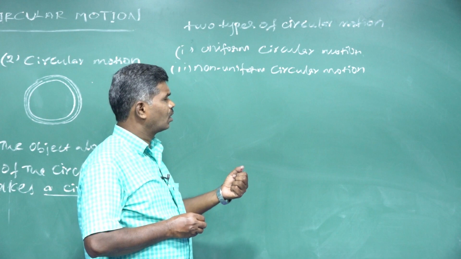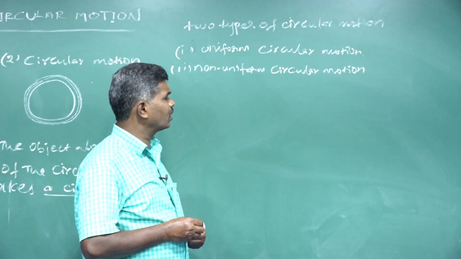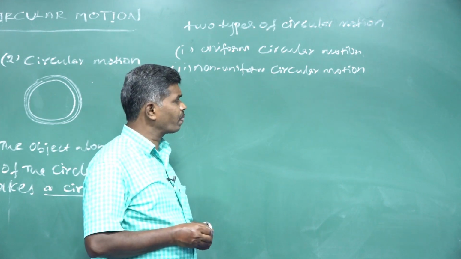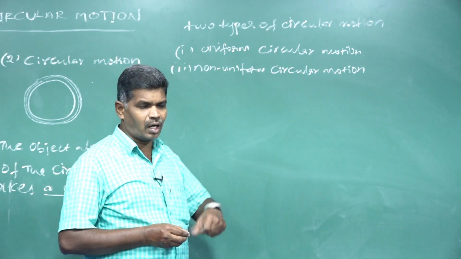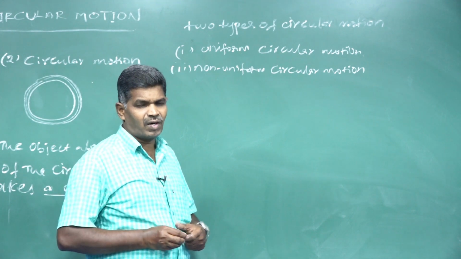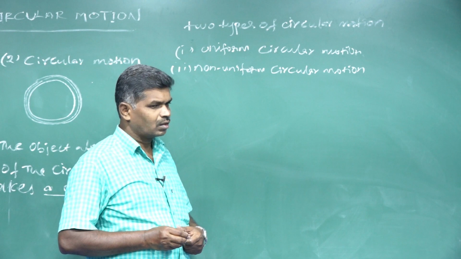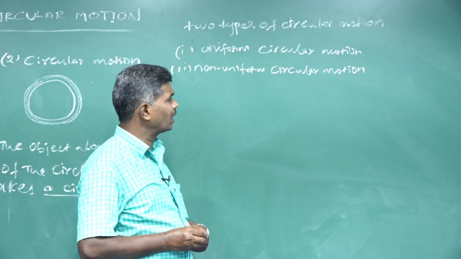At the time a particle moves in a circular path, the most important force acting is called the centripetal force. Anyhow, the velocity changes with the force applied on that object.